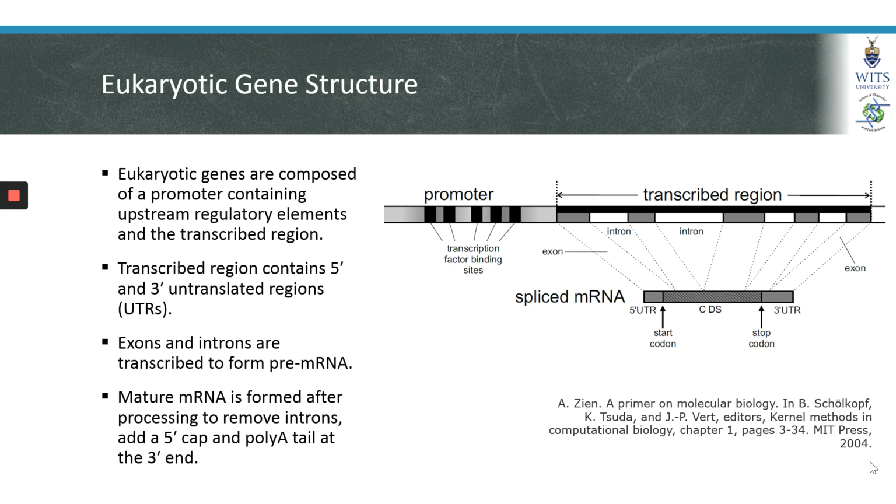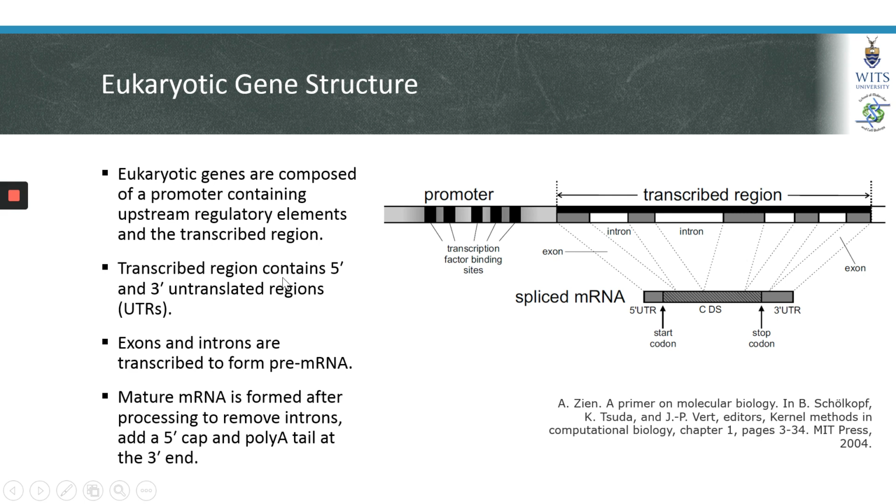A eukaryotic gene is composed of a promoter, which contains upstream regulatory elements, as well as the transcribed region. These upstream regulatory elements are not transcribed. However, they play an important role in regulating how a gene is expressed. The promoter region as well as the transcribed region of a gene are both considered to be part of the gene.